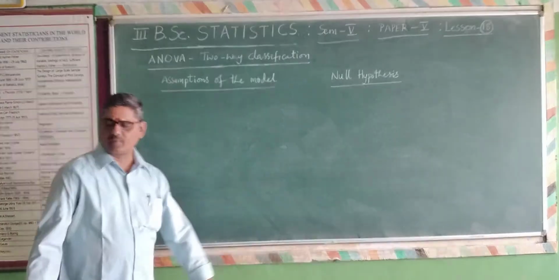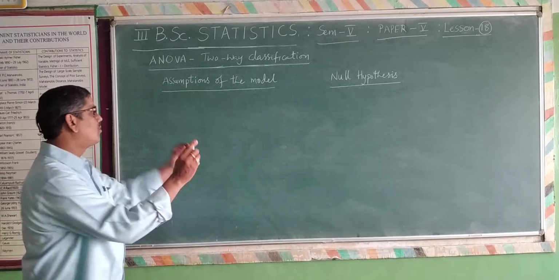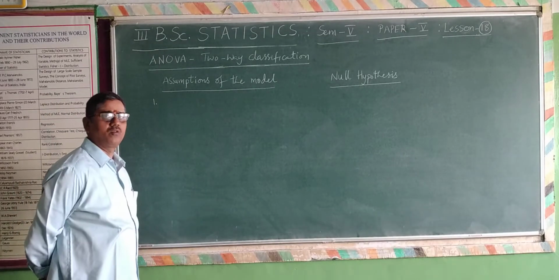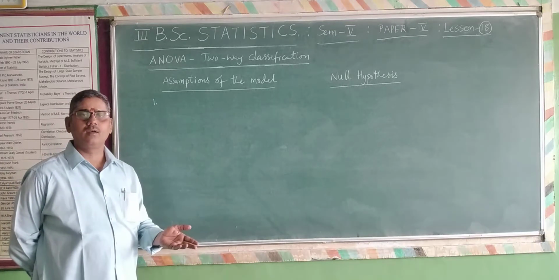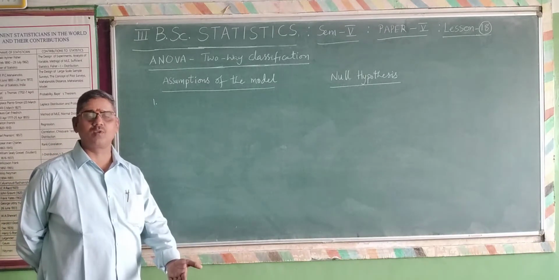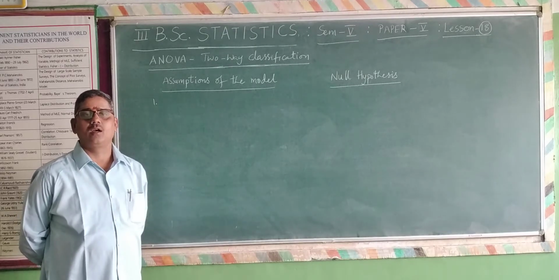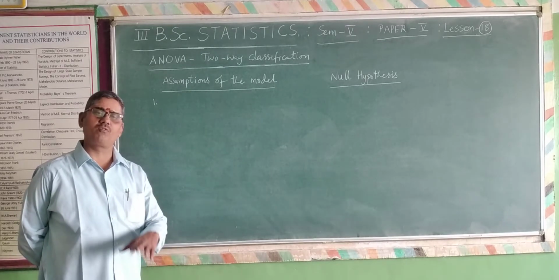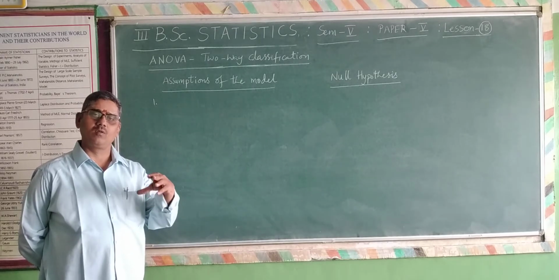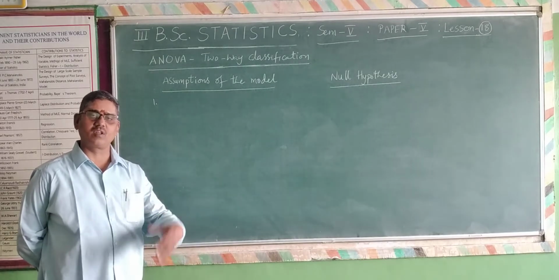I need not explain the assumptions of the model again. There are three particular assumptions we have learned in ANOVA, in one-way classification and now in two-way classification. The assumptions of the model for analysis of variance are common for all.